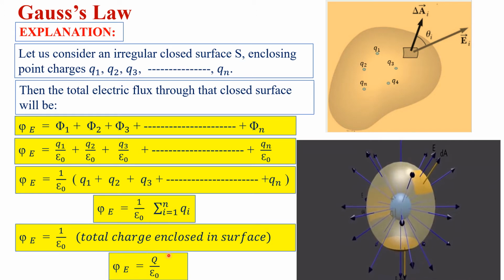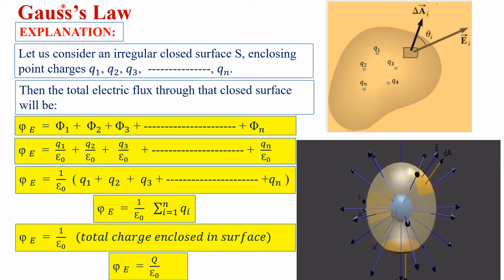Q upon epsilon naught. In this equation, phi E is the total electric flux through this closed surface due to multiple charges, which is equal to Q upon epsilon naught. Here capital Q represents the total charge enclosed in this closed surface and epsilon naught is the permittivity of free space.